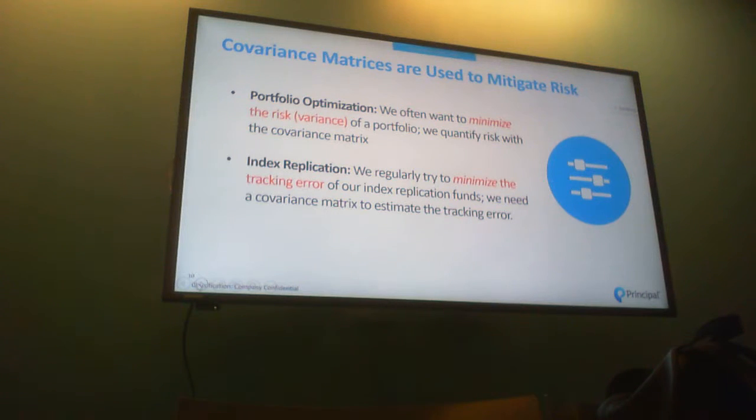So does everyone have a good grasp? To minimize the tracking error is to reduce the gap between the index and the portfolio. Is that right? Yep, exactly right.